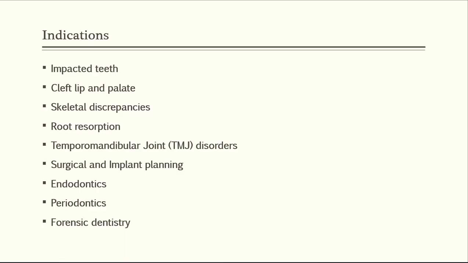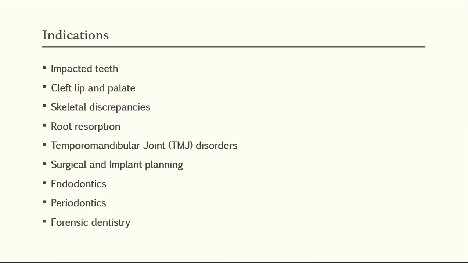To assess root resorption, how much resorption is happening in the roots. Also for TMJ, to assess the TMJ itself if there is any bony problems with the temporomandibular joint. Surgical and implant planning for tumors resection, for implants, to make models from it.